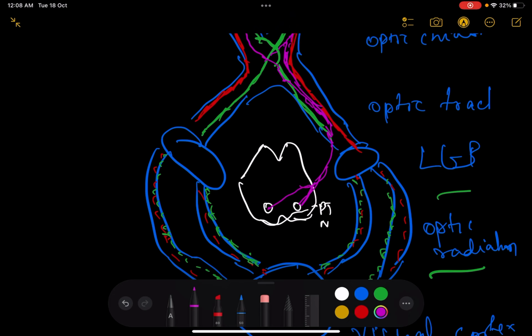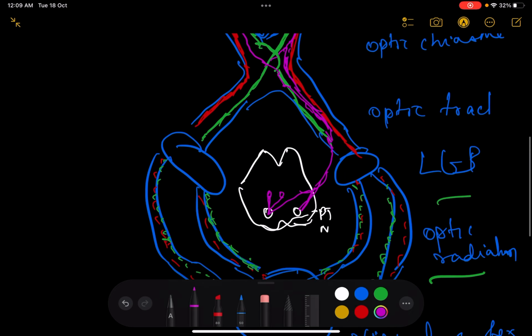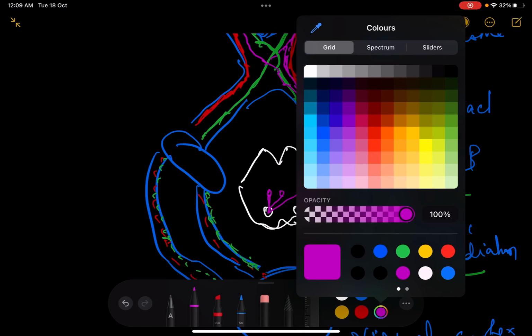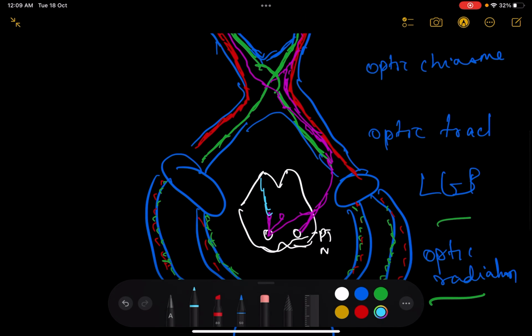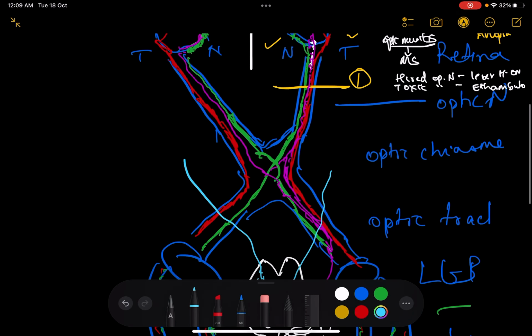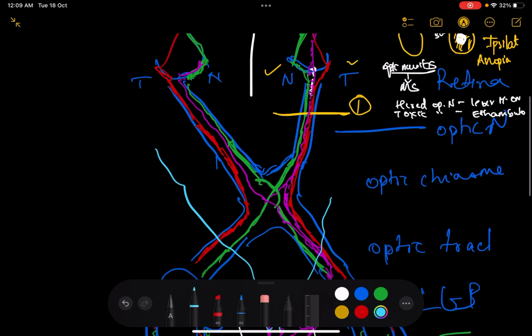Now the pretectal nucleus then relays on to the Edinger-Westphal, and not just one side but obviously both sides, correct. Now the Edinger-Westphal sends neurons. Again, these neurons we will draw in, let's say, a light blue. So they send neurons from the Edinger-Westphal of both these sides to their respective ciliary ganglions, and I'm going to continue on this side because it's less shabby.